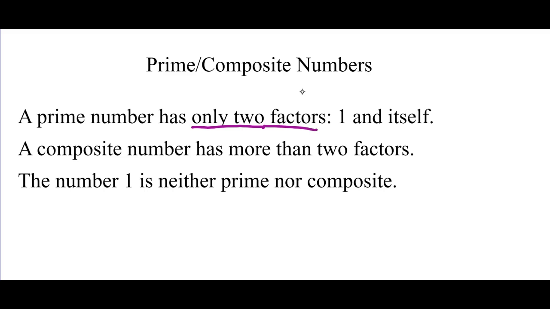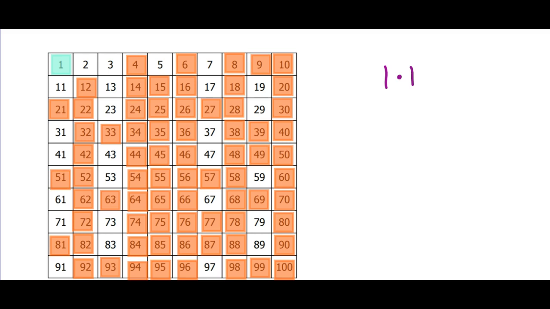A composite number has more than 2 factors. So going back to this hundreds chart, everything that is shaded in orange is a composite number. You can make 57 by multiplying 3 and 19. You can also make 57 by 1 and 57. So it has more than 2 factors.